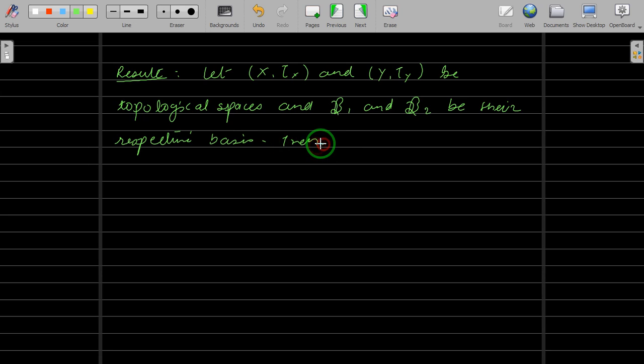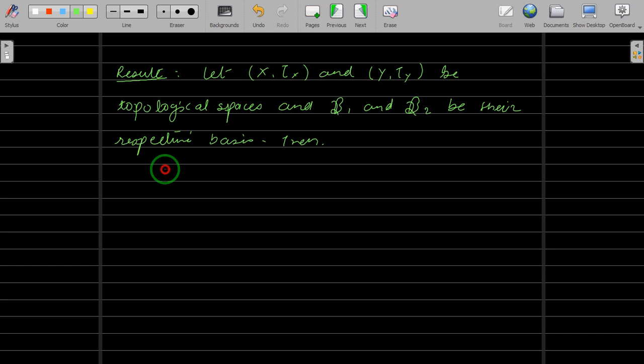Then the question is, what will be the basis for the product topology on X cross Y? Think, think, again think, and then come back.